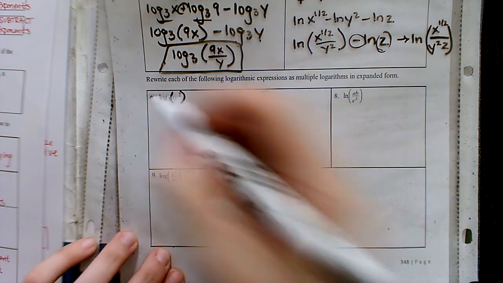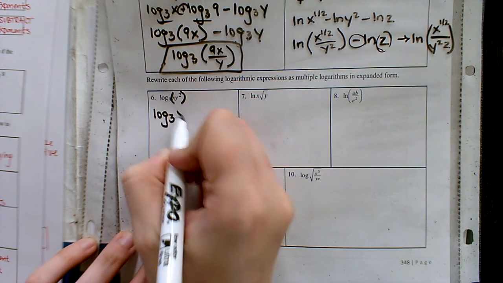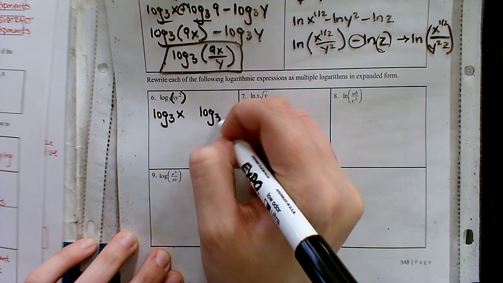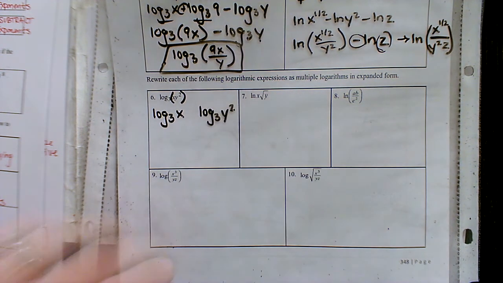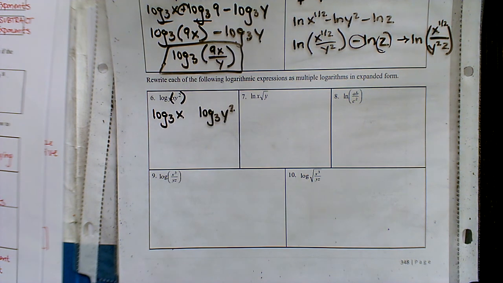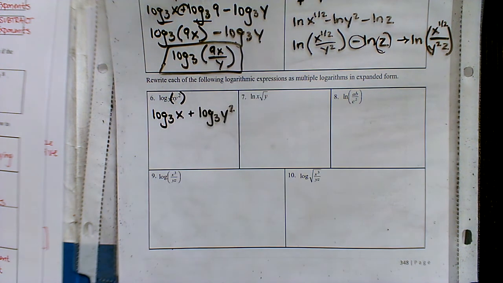We're going to add them. So we're going to need a log base 3 of x, and then a log base 3 of y squared. Because the x and y squared are being multiplied, we're going to break them up into their individual logs, and since they're being multiplied, we're going to add those individual logs together. Again, it's using the same properties we just did, but backwards, in a different order.